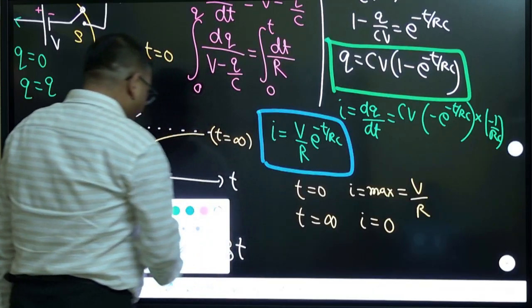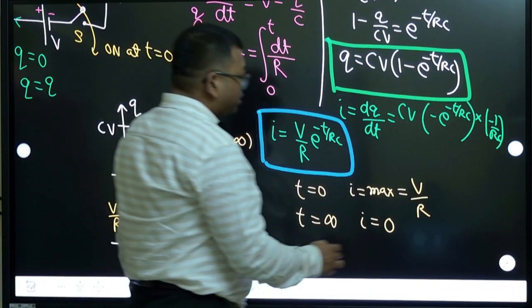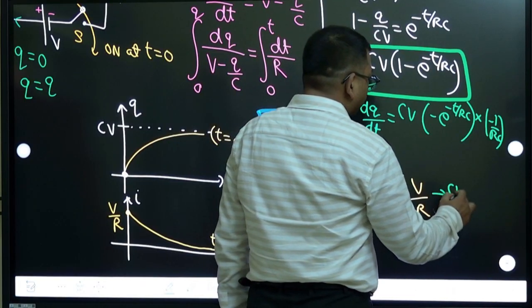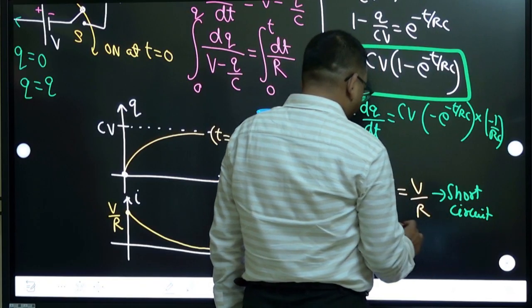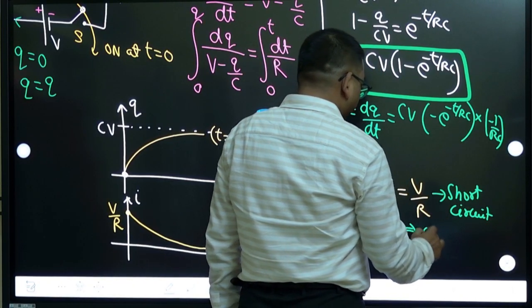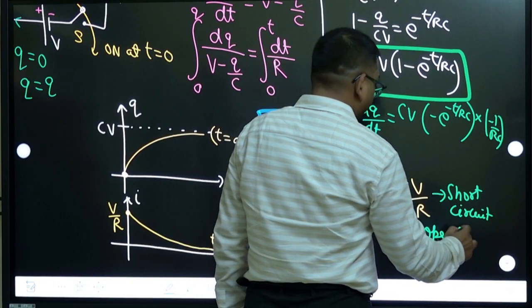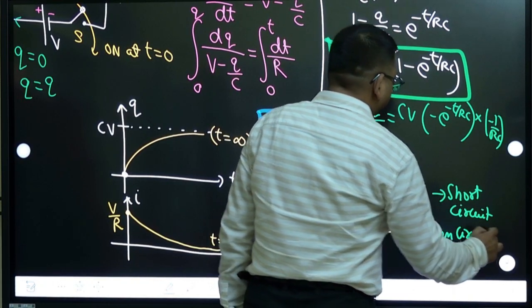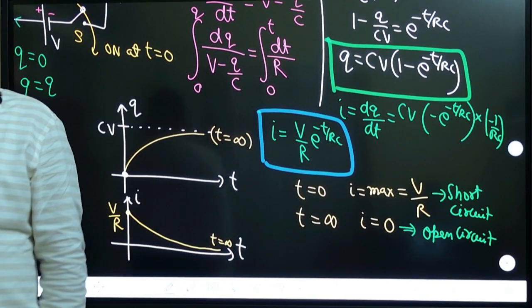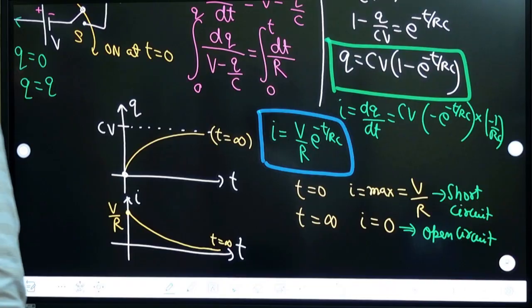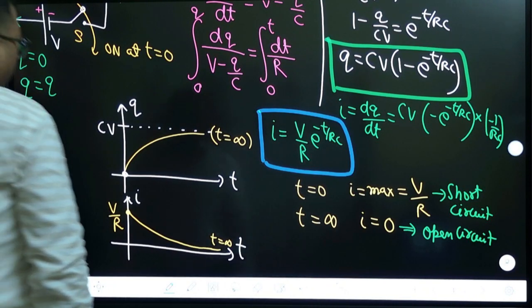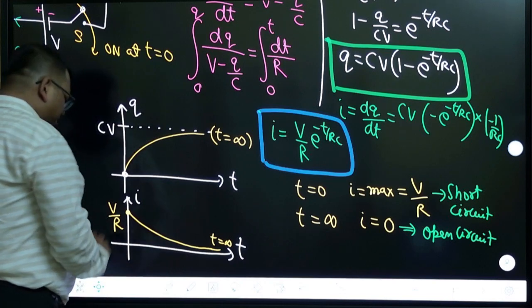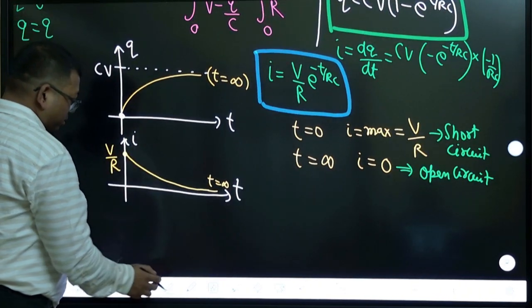Whenever current is maximum, this is called short circuit, and whenever current is zero, it is called open circuit. These two concepts, short circuit and open circuit, are very important. I will explain how this is applied in problems.